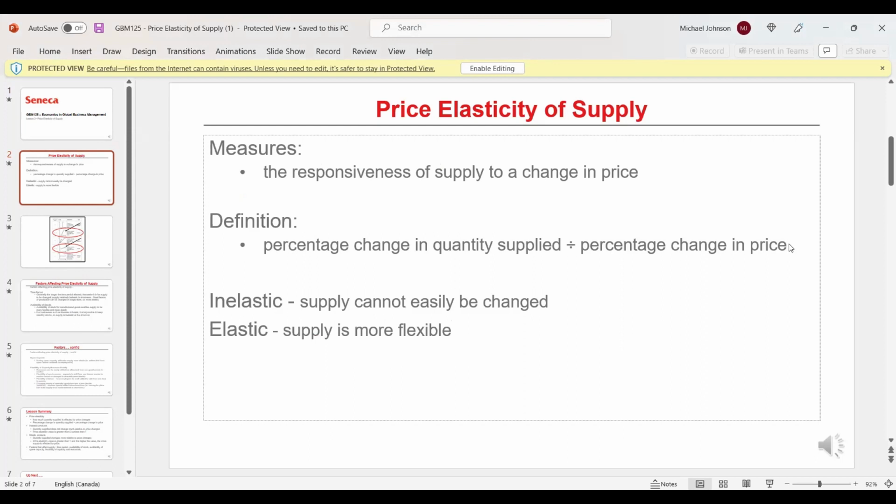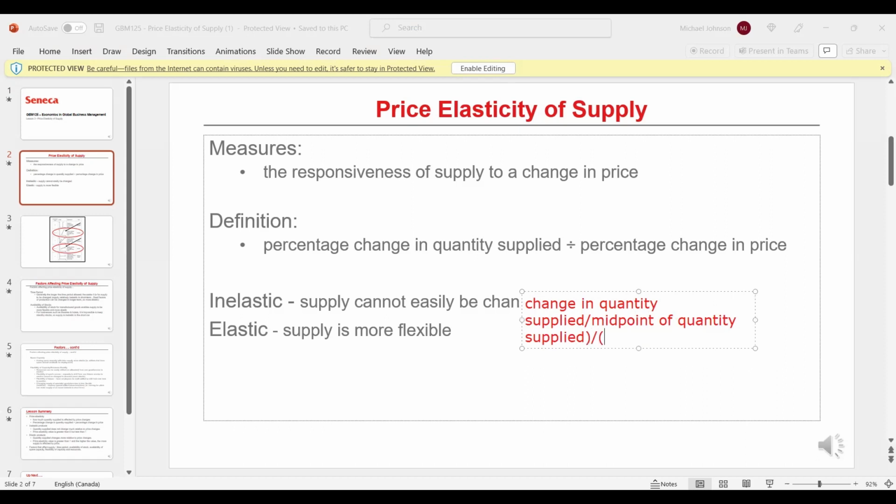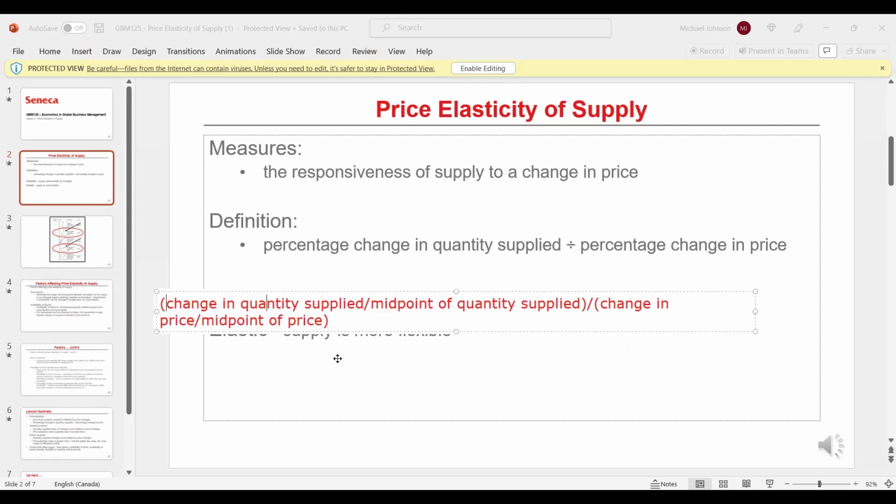The best way to calculate it is change in quantity supplied divided by the midpoint of quantity supplied, divided by change in price divided by the midpoint of price. So I recommend using this calculation for this.